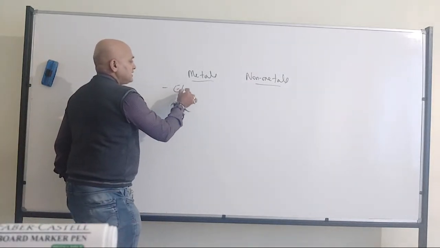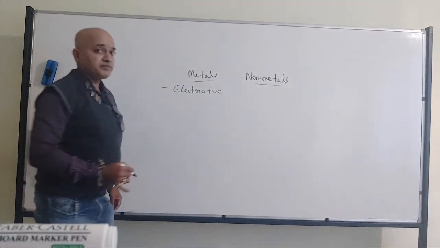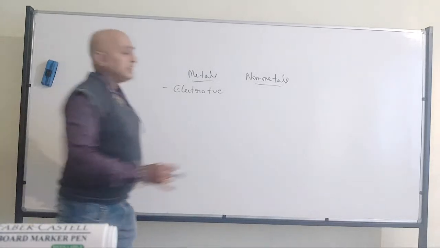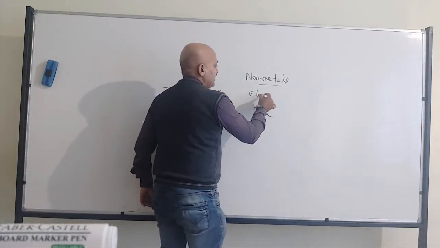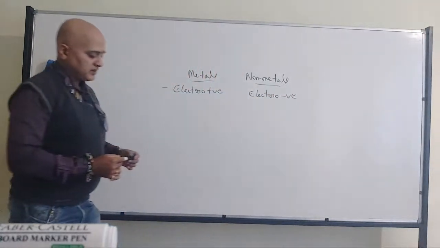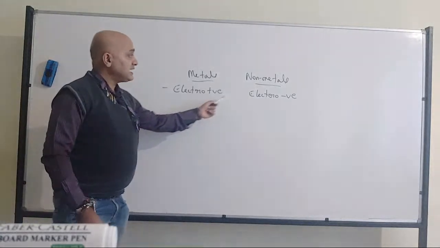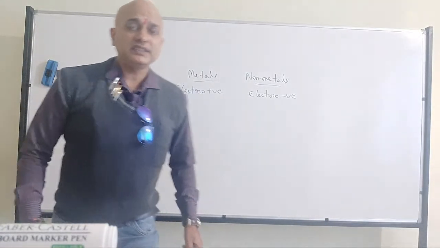Now, metals are electropositive in nature, right? Metals are electropositive in nature and non-metals are electronegative in nature. Don't use the short form as I have written. Try to write it in complete form.